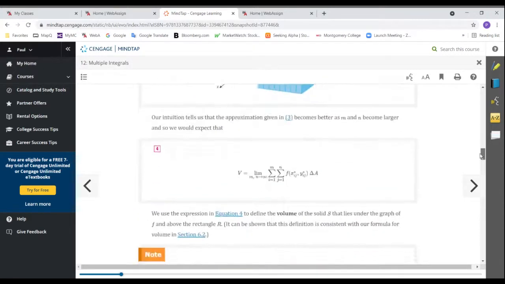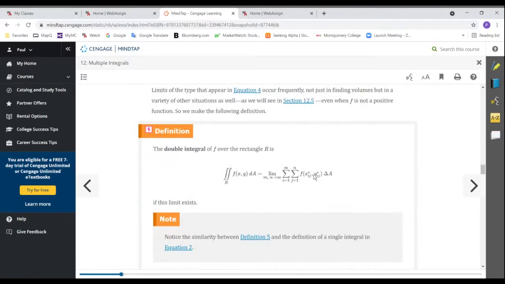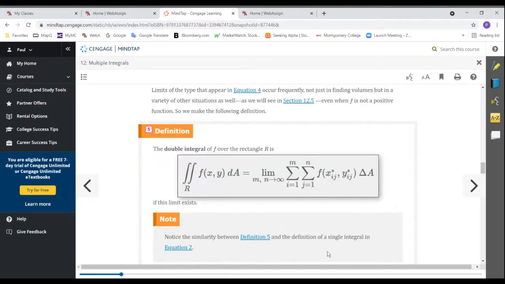In calculus 3, in multivariable calculus, this double Riemann sum becomes a double integral. Right now, the double integral represents the volume under a surface, and you can approximate that volume.